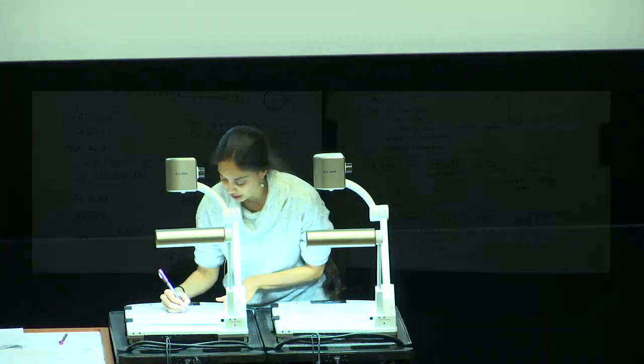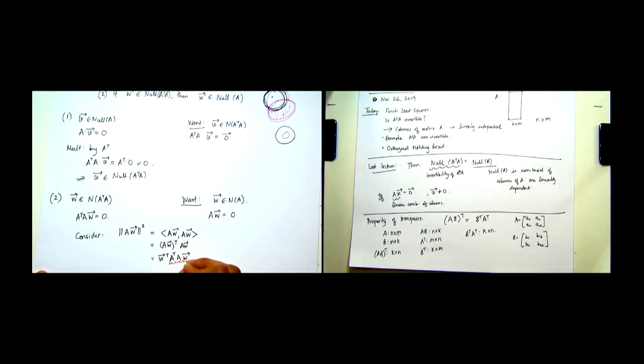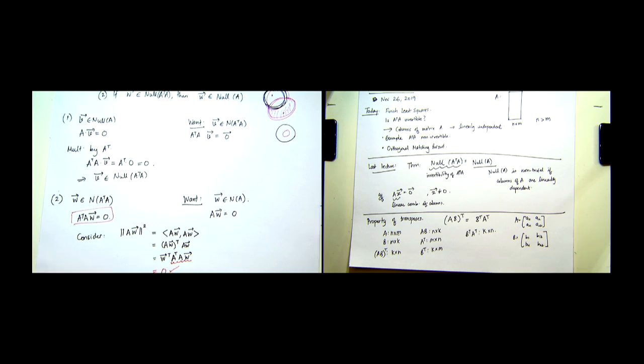you're good? Okay. So we have A transpose A W here, but what do we know about A transpose AW? This is equal to 0, right? Therefore, we can now say that the norm of AW squared must be 0. But what does this mean?